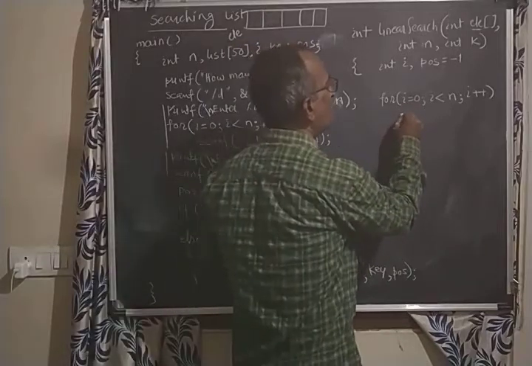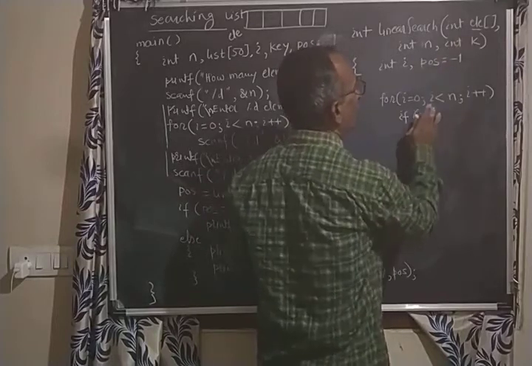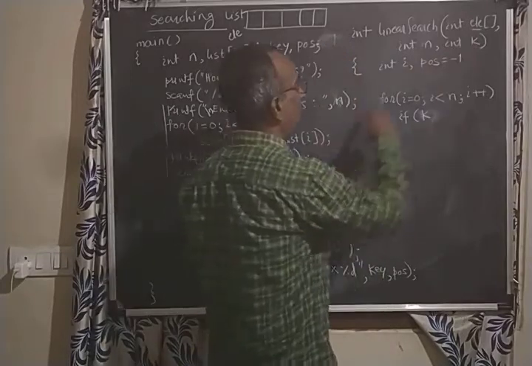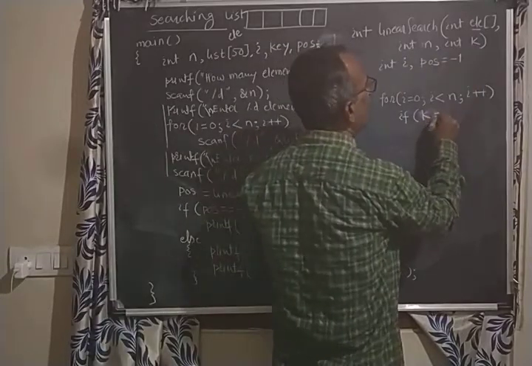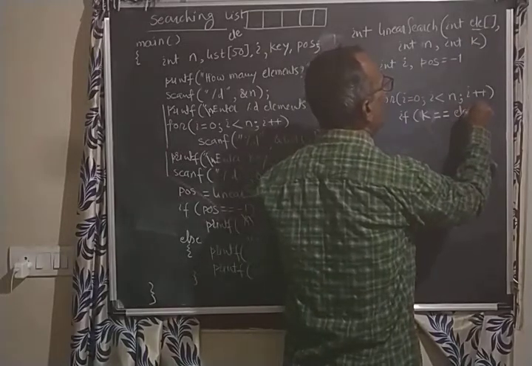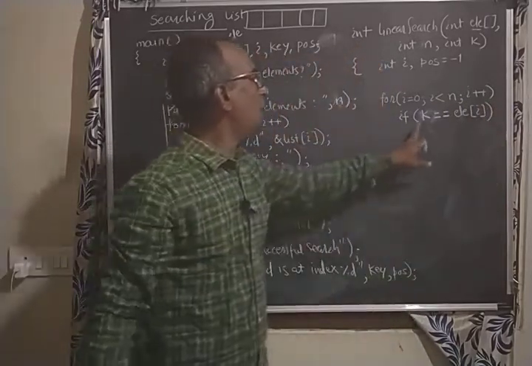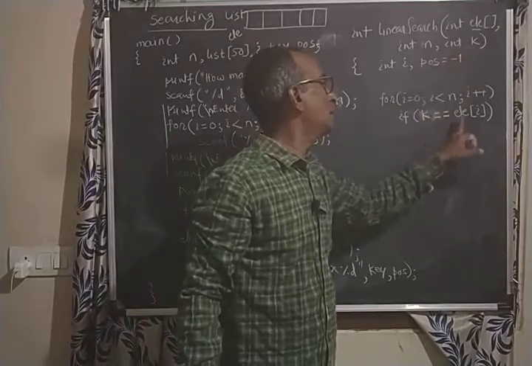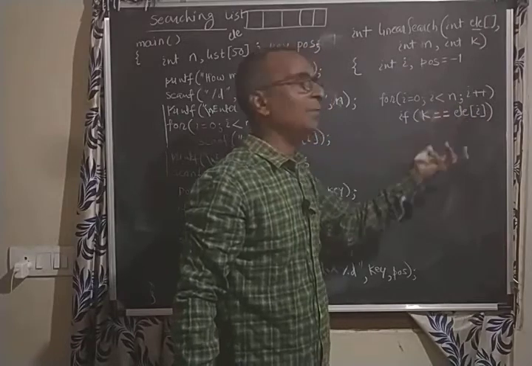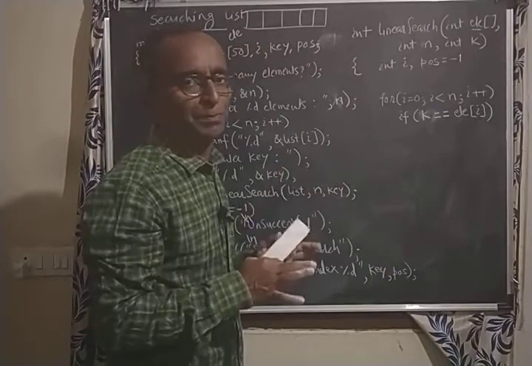Now what you are doing, if the key to be searched, which we are passing in, is equal to each element you are comparing with, element of i. If the key is equal to element of 0, element of 1, 2, at least one if you get, if this is equal, that means we have found it.